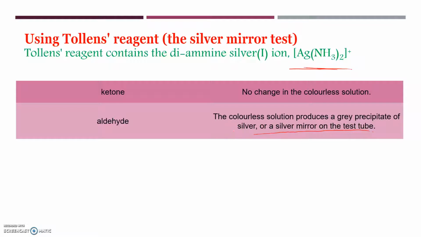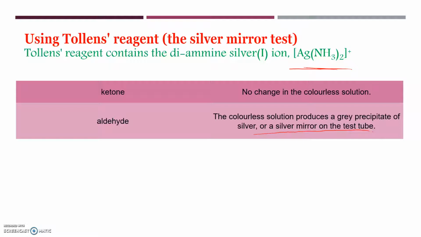So this is another way to differentiate between ketones and aldehydes. What is the other reagent? The Fehling, and Fehling is divided into two, Fehling A and Fehling B. And the blue color comes from the copper sulfate, right?